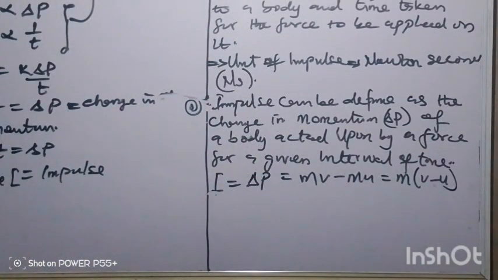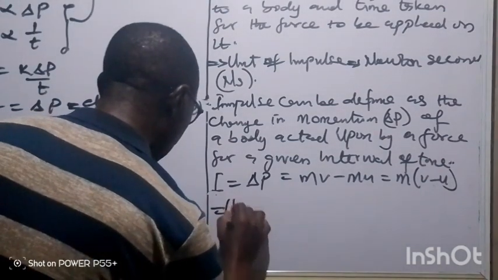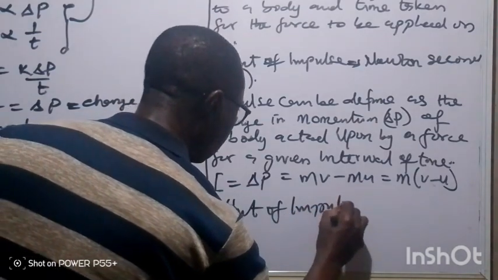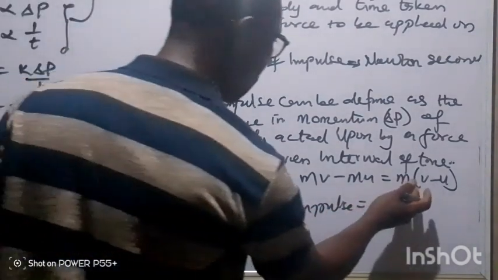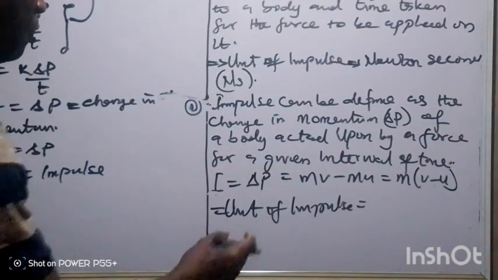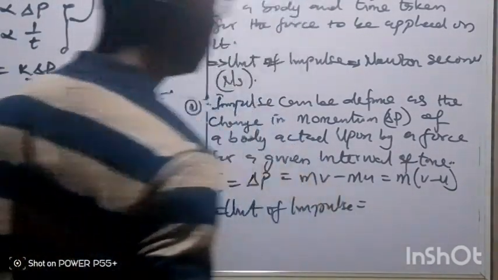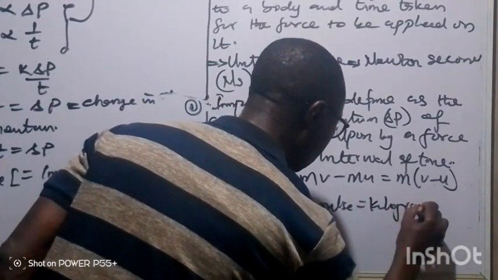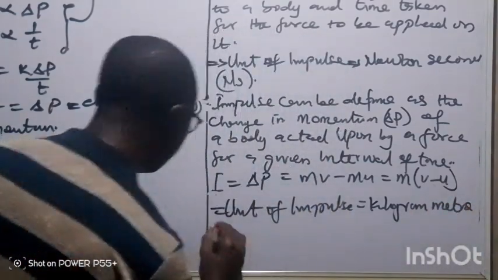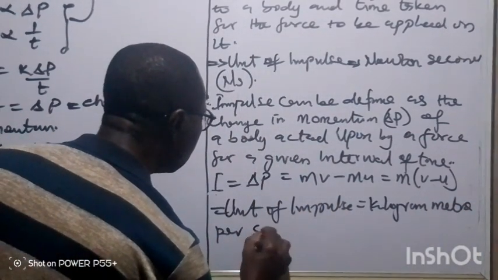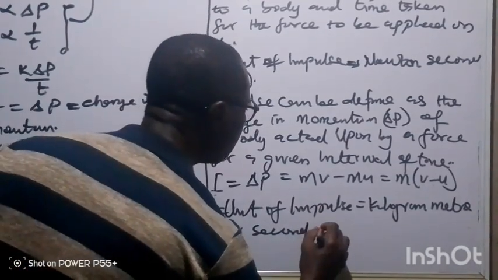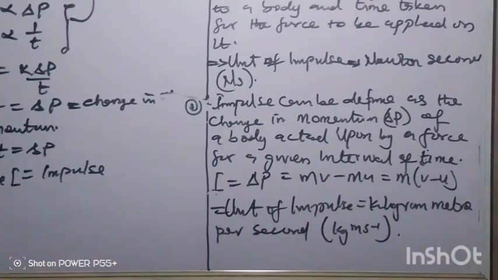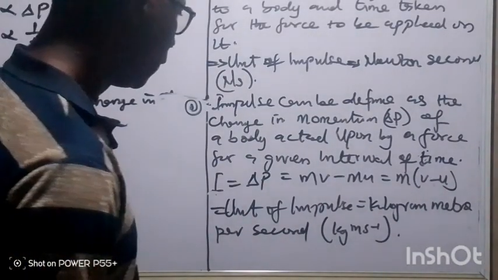And from this one, the unit of impulse, since mass is in kilogram and velocity is in meter per second, can be kilogram meter per second. That is the second definition and the unit from the second definition of impulse.